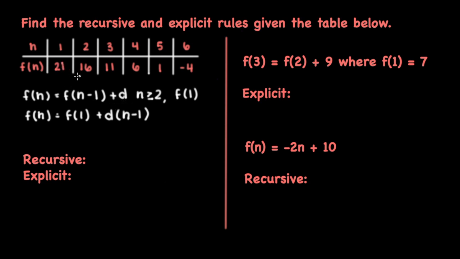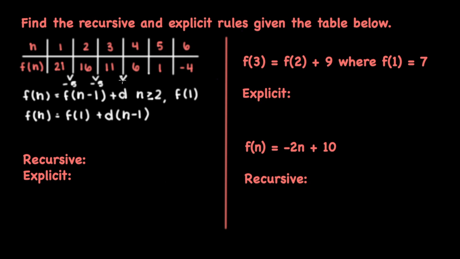So let's go ahead and find our common difference by subtracting the first term from the second term, and so on. So 16 minus 21 is negative 5. 11 minus 16 is also negative 5.